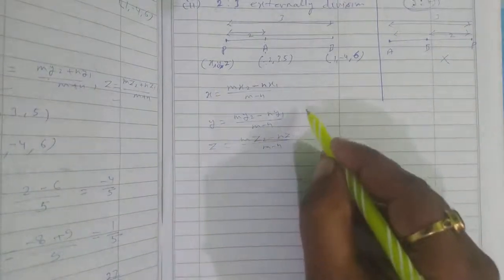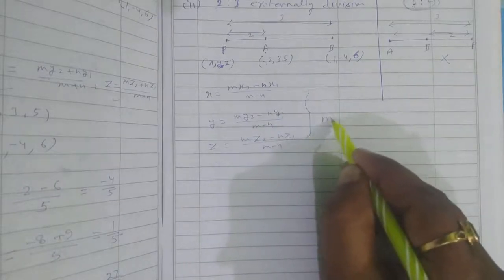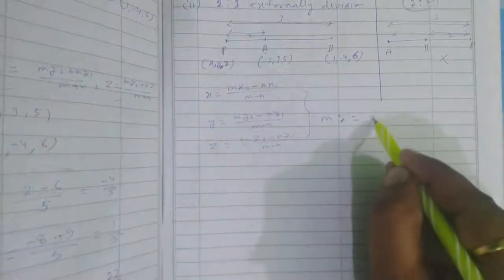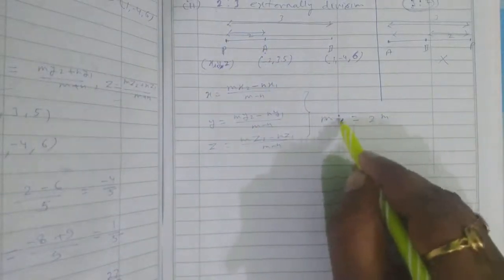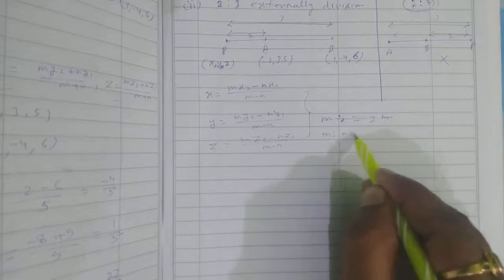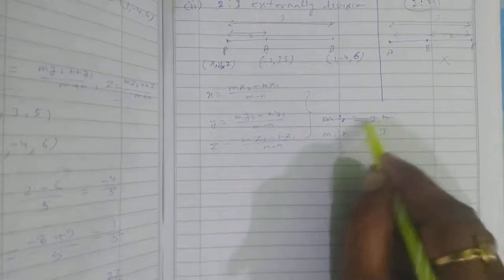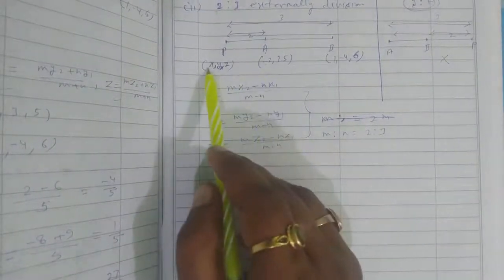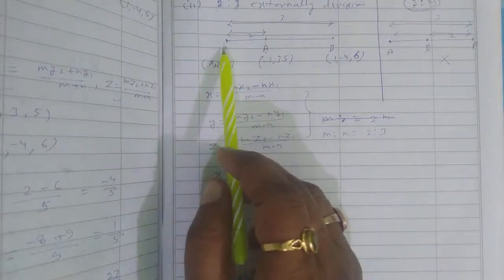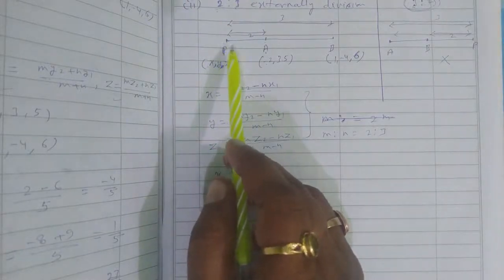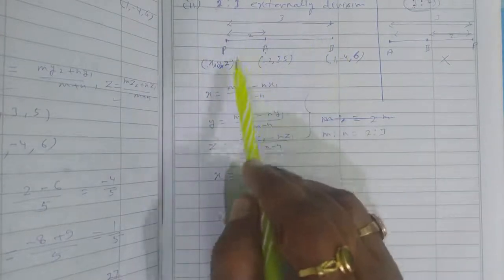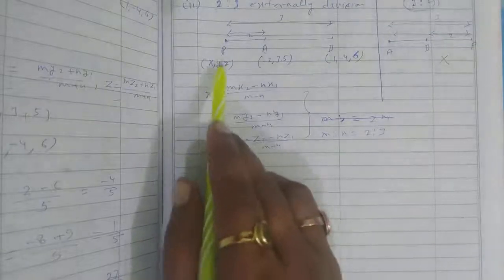And same things here. Next, what is the ratio m to n here? The ratio m to n is given as 2 to 3. This is the given here. So then you first find the value of x, the coordinate of x. You understand? Look at this again. This point P divides the line AB in the ratio 2 to 3. The first coordinate of point P is x.